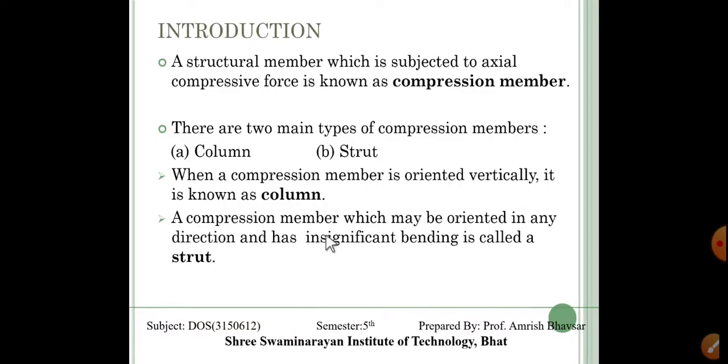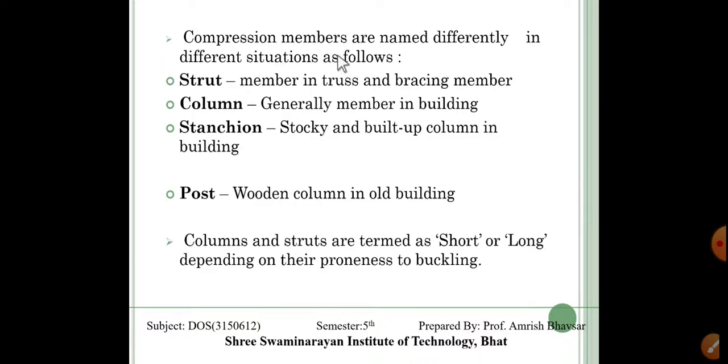A compression member which may be oriented in any direction and has sufficient bending is called a strut, meaning a smaller member having smaller cross-section area, and the direction of orientation is any. Compression members are named differently in different situations as follows: struts, column, tension, post. These are the compression members.